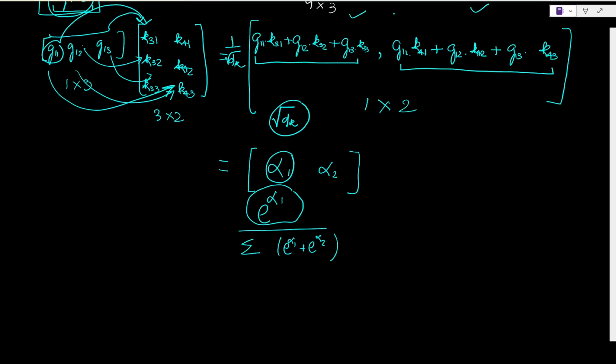So for example, in this case, let's say alpha 1 came out to be something like 8, and alpha 2 came out to be something like 11. Then what will happen is, one, we are normalizing them, so everything will convert into probabilities. Second, it will be e to the power 8 divided by e to the power 8 plus e to the power 11, and e to the power 11 divided by e to the power 8 plus e to the power 11.